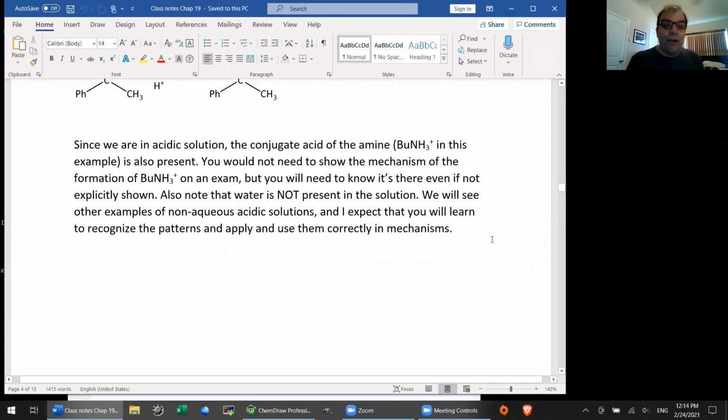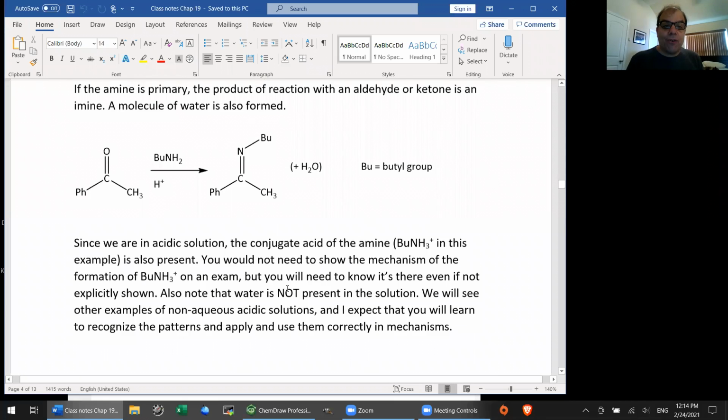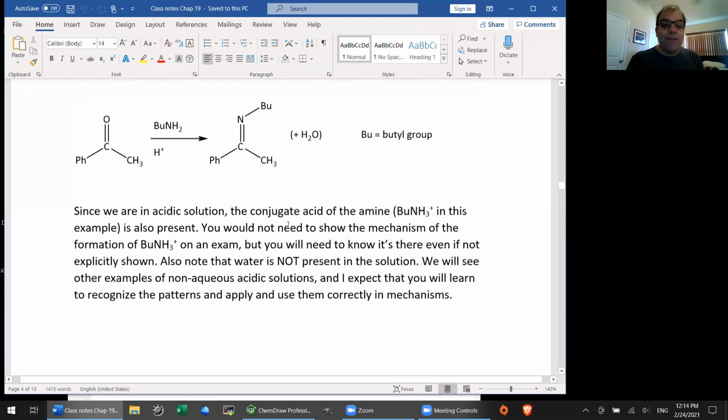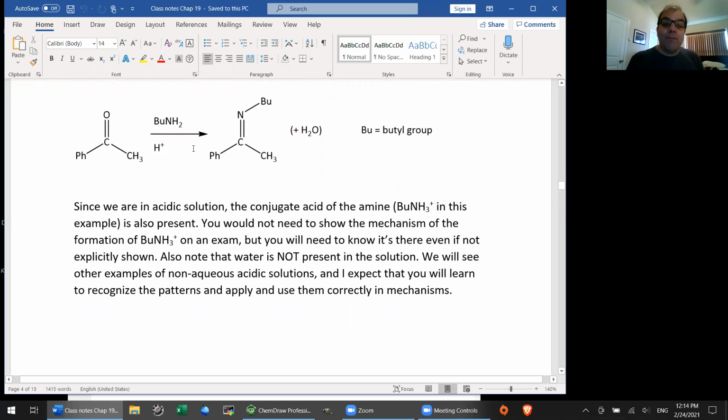Good. So as I'm pointing out here, before we even get into the mechanism, let me also draw attention to what is not here. Please notice it does not mention water. And indeed, these are done under anhydrous conditions. So you don't have either water or H3O+ here.